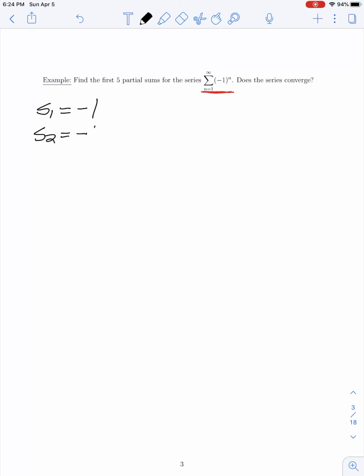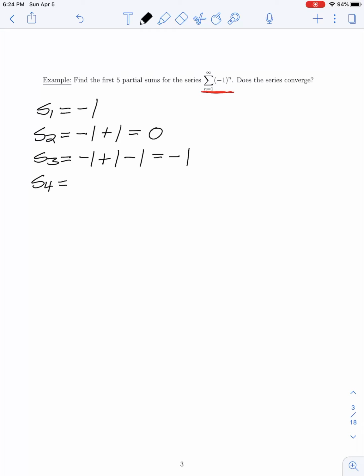So for n equals 1, we had a negative 1, and then we're adding, when we plug in n equals 2, we get a positive 1, so we're left with 0 for the second partial sum. Now S3 is the sum of the first 3 terms. That would be a negative 1 plus 1, and then when we plug in 3 for n, we have a minus 1, so we get negative 1.